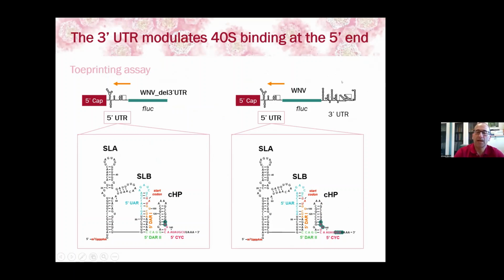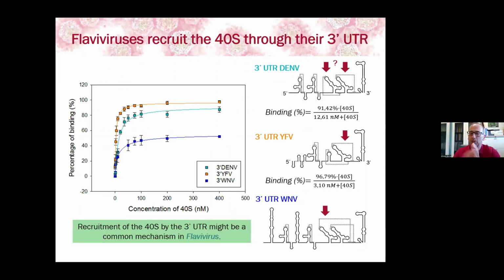So once again, as we detected for the hepatitis C virus, it seems like the two ends of the genome, the 5' and 3' UTR, come together and modulate the structure and somehow help to reposition the ribosome.